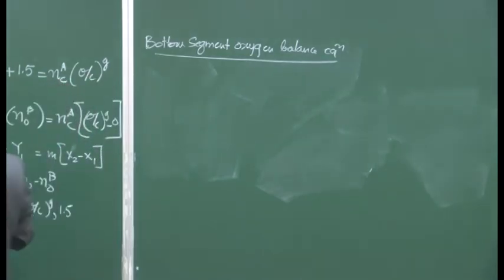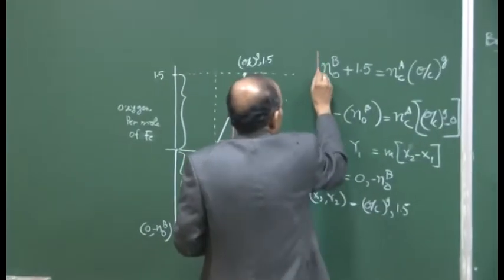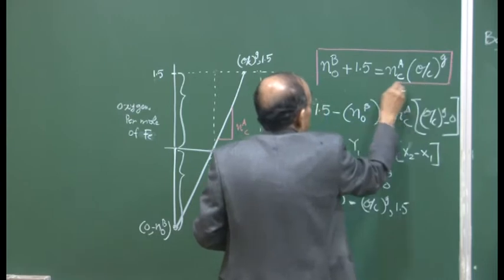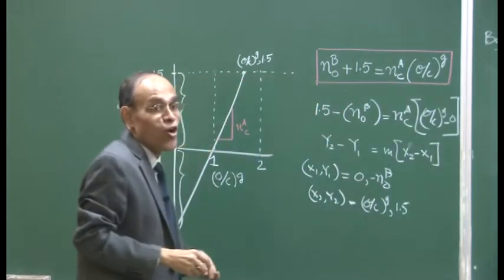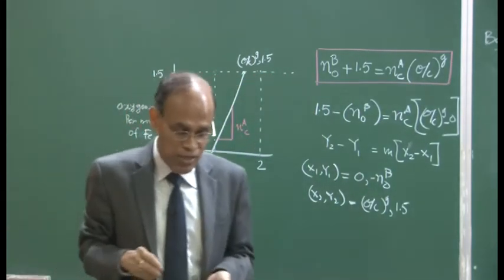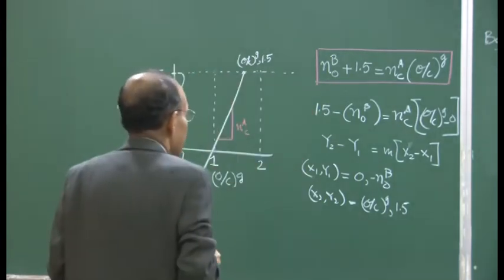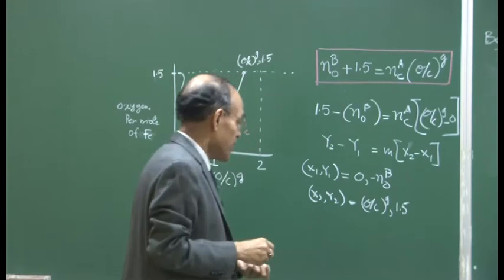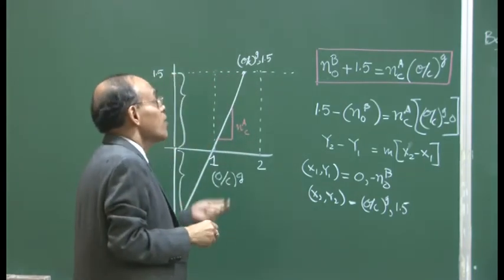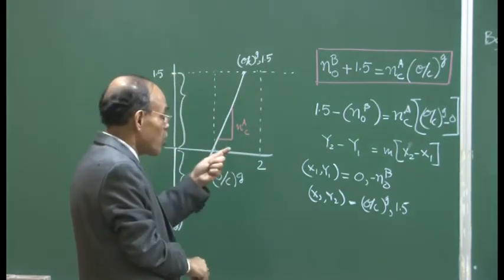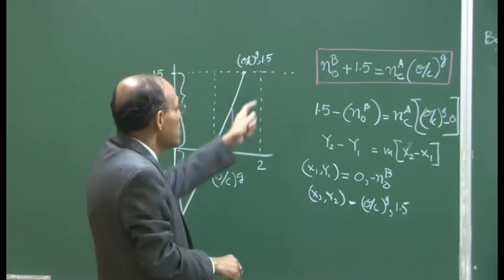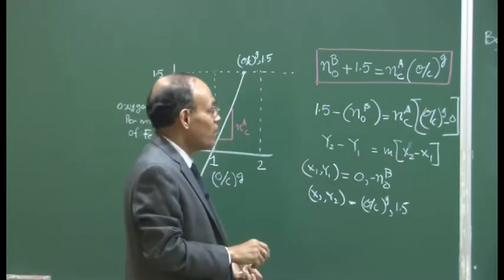So, this is our equation 1, you must remember, NOB plus 1.5 for idealized blast furnace operation containing pure Fe2O3 as iron bearing material and no gangue material present whatsoever. The overall oxygen balance and the hot metal containing 4.3% carbon, this is the overall oxygen balance equation.